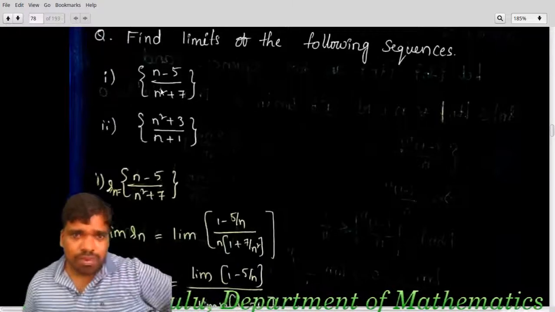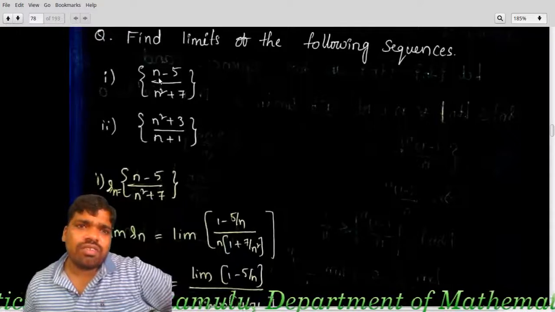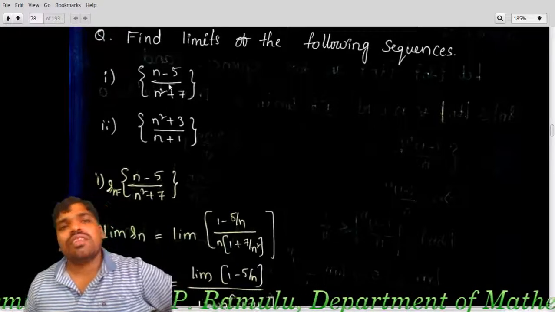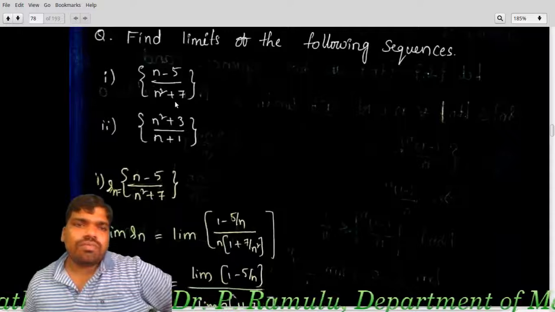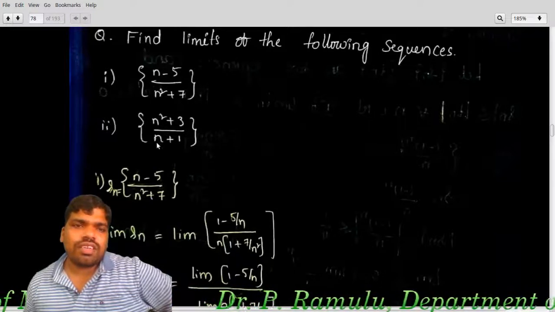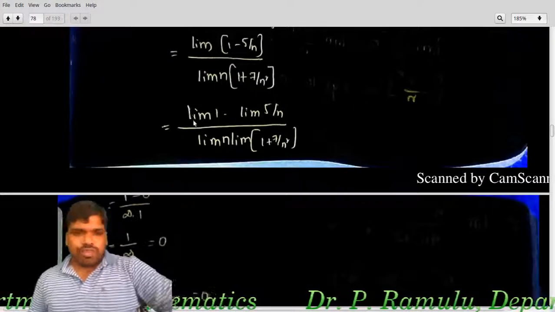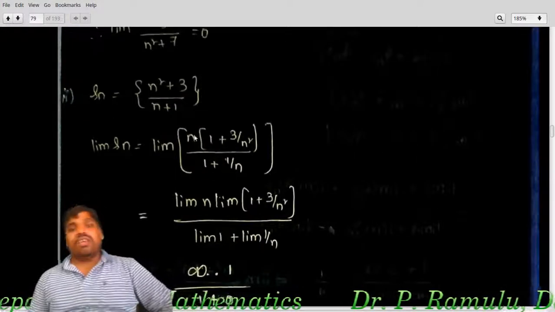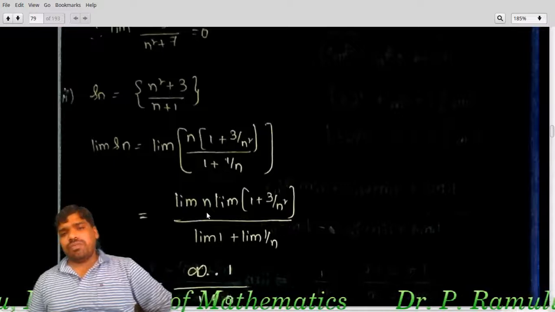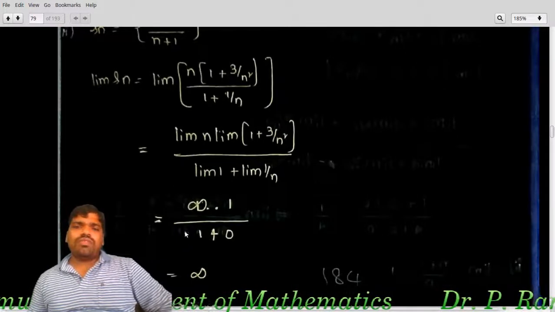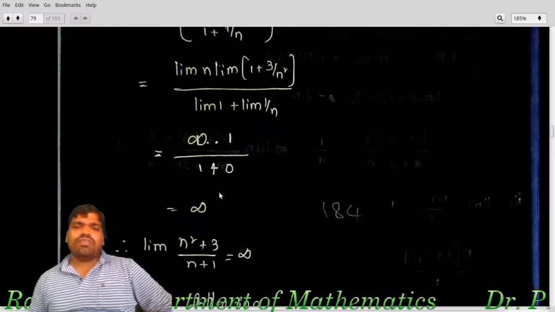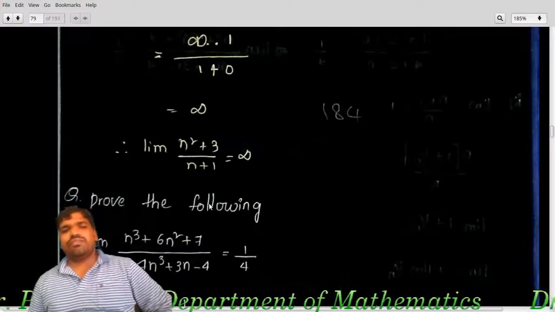If the power of the denominator is greater than the numerator, it will be 0. If the power of the numerator is greater than the denominator, it will be infinite. That's why I am writing n square plus n cube, and then it can come out. Lim n tends to infinity, this is equal to 1. This 1 plus 0, infinity minus infinity by 0, infinity by 1 equals infinite.